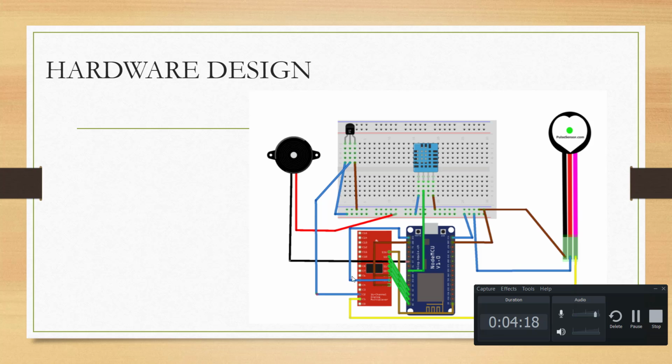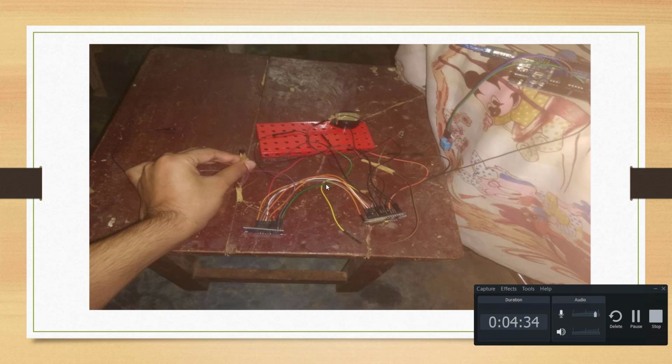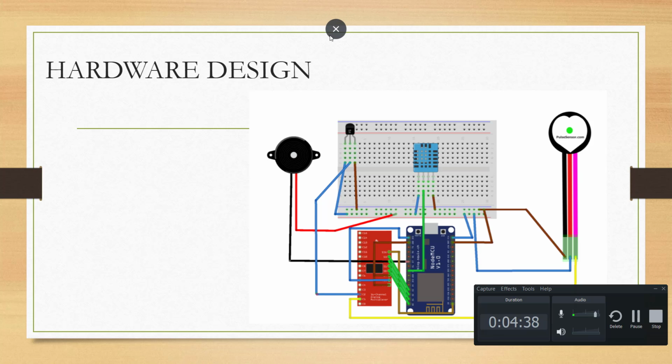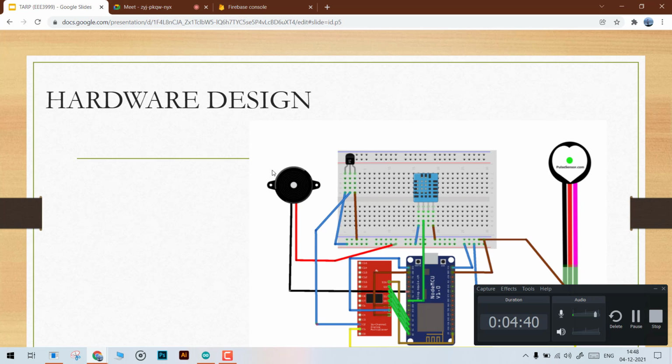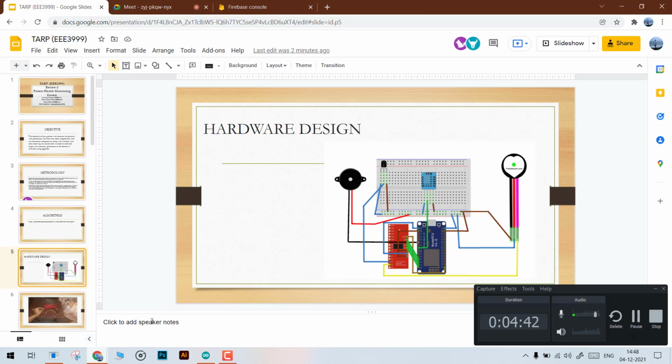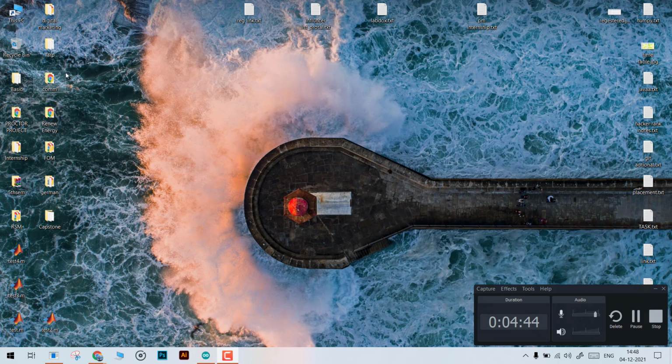This red one is the MUX, and we are using this MUX to integrate these two analog pins, which are the LM35 and the pulse sensor. After all this designing part, you can see the hardware design too. I already recorded a video which I will demonstrate now.